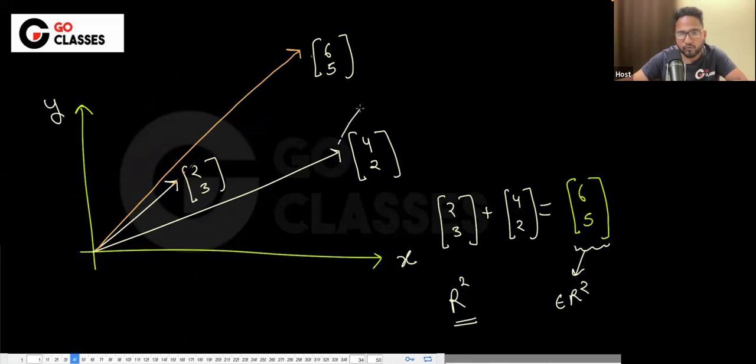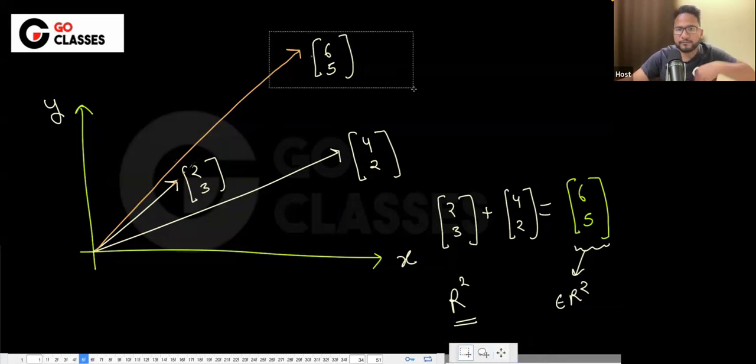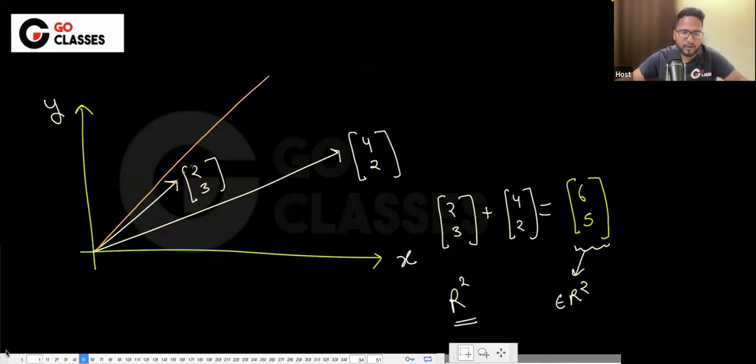It need not be drawn from the origin, so it is 2 3. You can say something like this. Actually, this is not a perfect diagram, but you can think like this, that this is 6 5. See, this is 2 3.